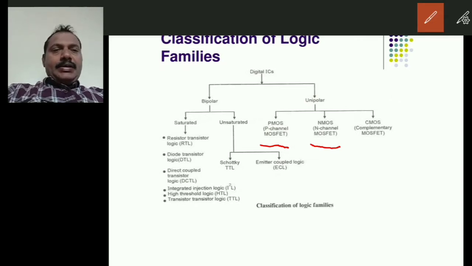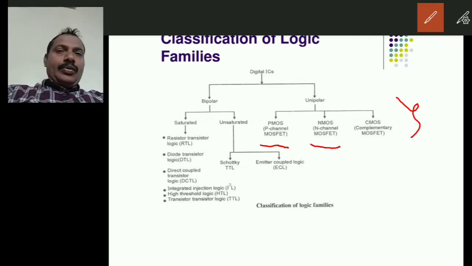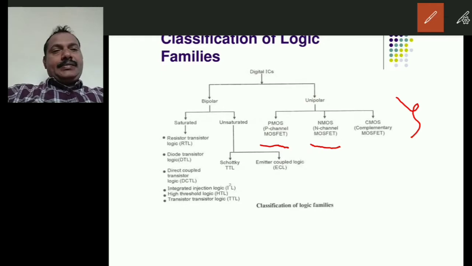That means in this unipolar, we use only MOS transistors in which either holes are the conductors or electrons are the conductors. In P channel, holes are conductors. In N channel, electrons are conductors.